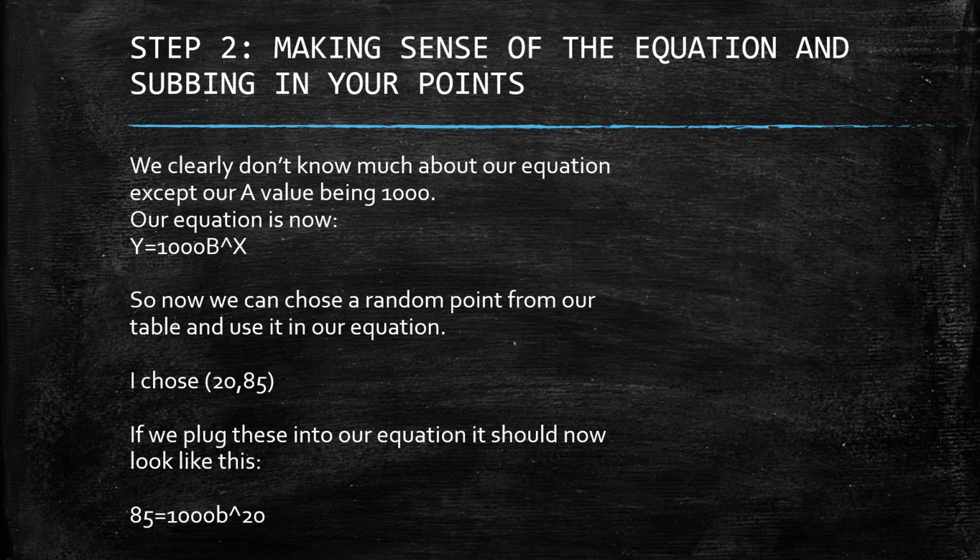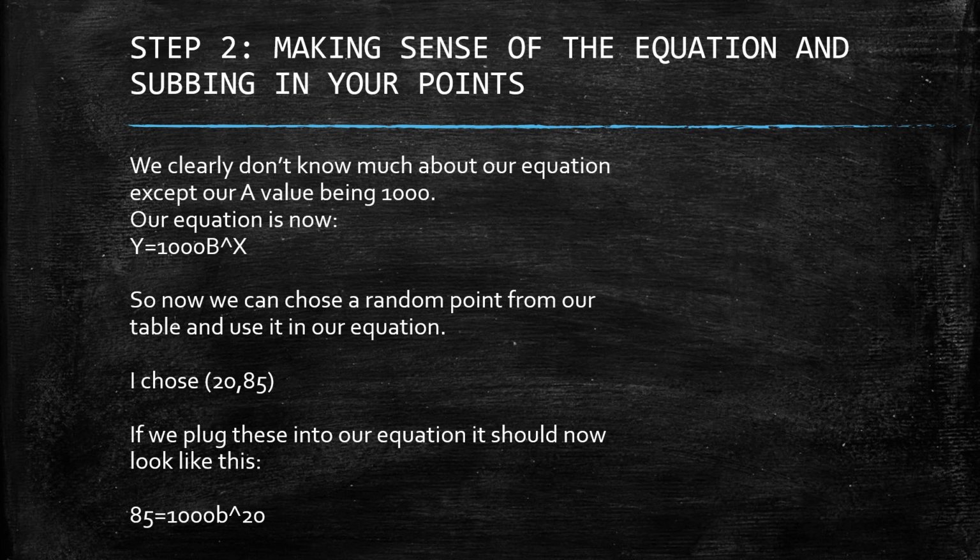Step 2. Making sense of the equation and subbing in your points. So clearly we don't know too much about our equation except that our a value is 1000. Our equation is now y equals 1000 times b to the power of x. So we can choose a random point from our table and put it into our equation.